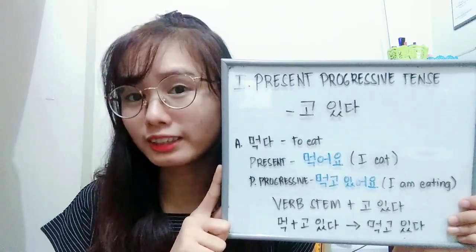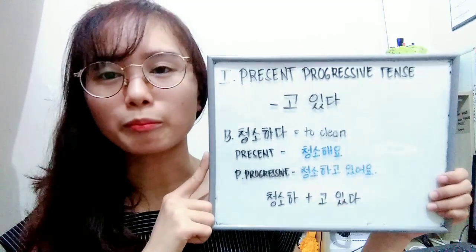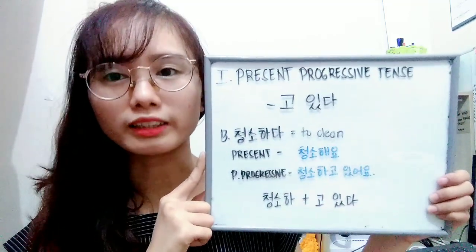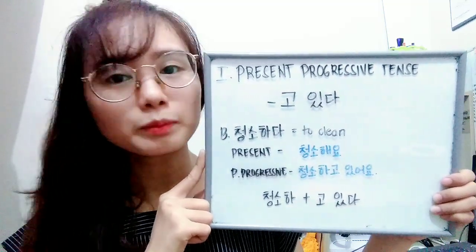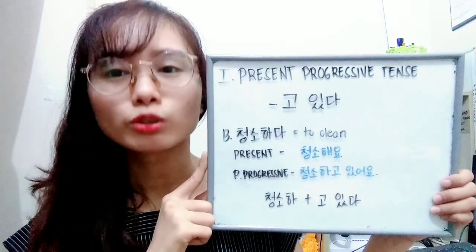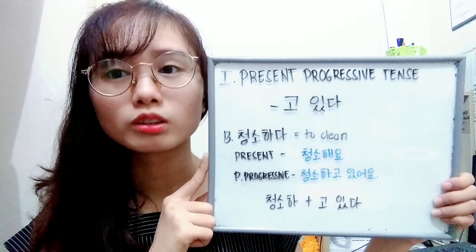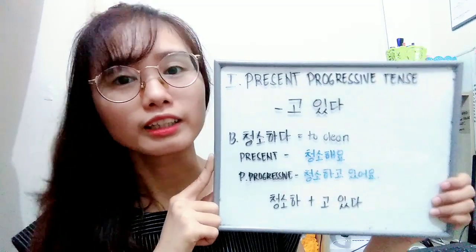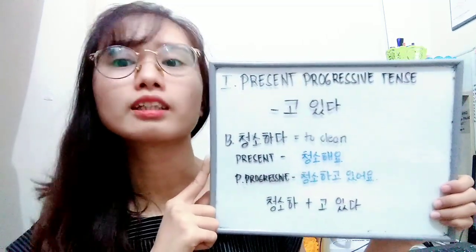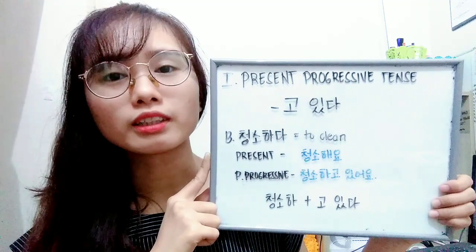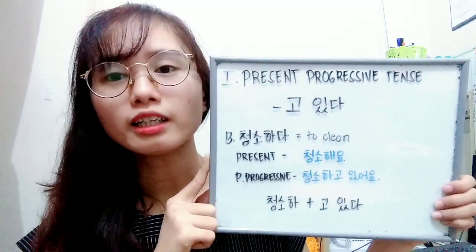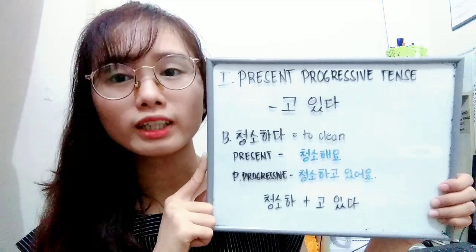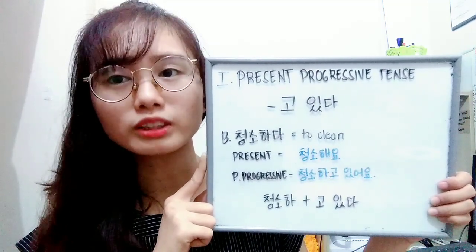Gawa tayo ng second example. For the second example, let us use the verb 청소하다, which means to clean. In its present tense, it's just 청소해요. Right? I clean or clean. But, pag naging present progressive na siya, that will become 청소하고 있다. 청소하고 있어요.